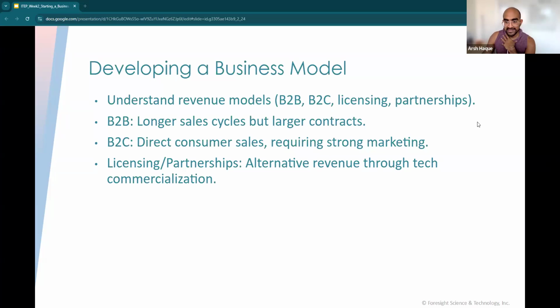Another example to differentiate B2B and licensing partnerships. An example that comes to mind is essentially the work of innovation.